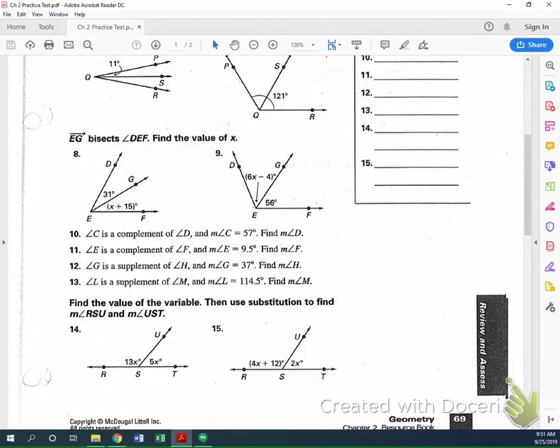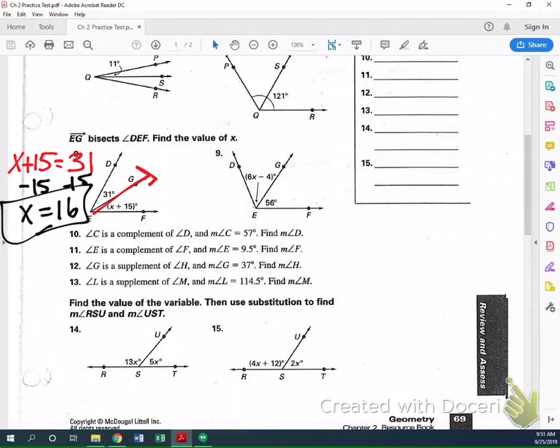All right, so number 8, once again, we have angles that are being bisected. When they're bisected, that means the angles are congruent. Congruent means equal. So I'm going to set these two expressions equal to one another, and I'm going to solve for the x. What are you guys getting as your x value? 16.